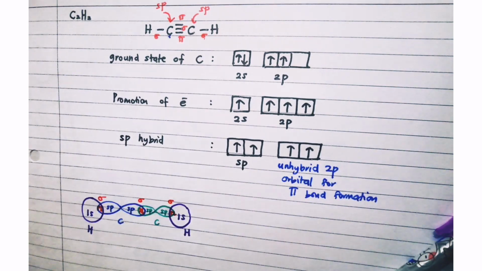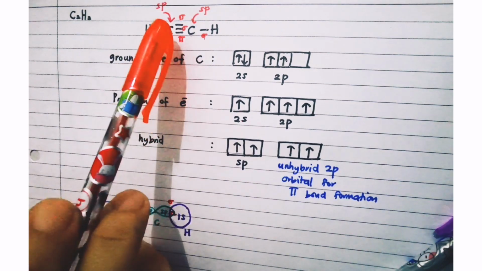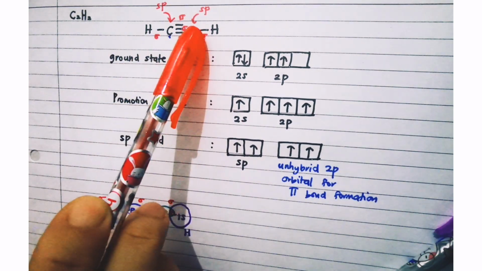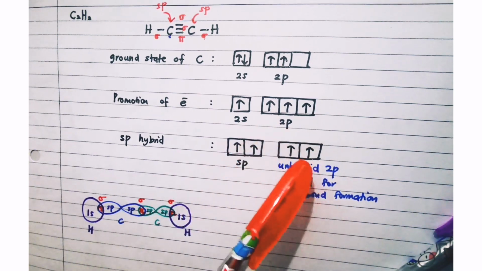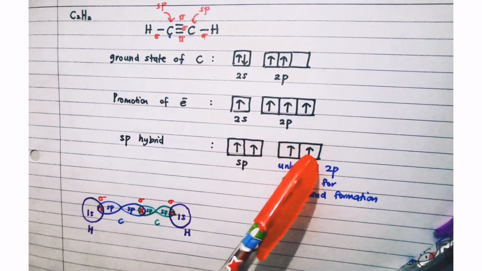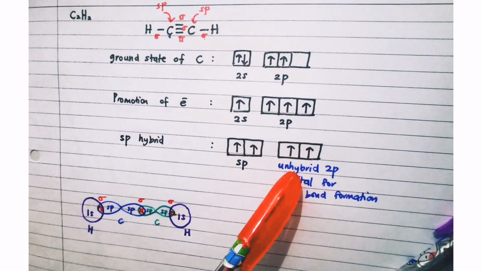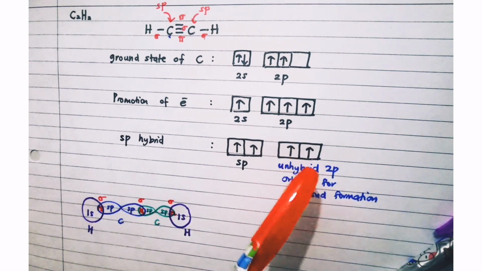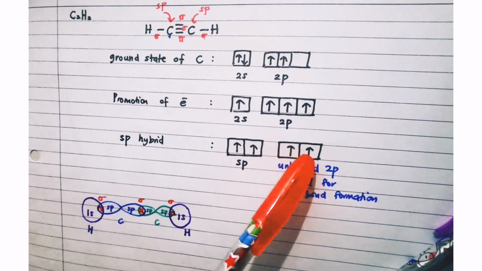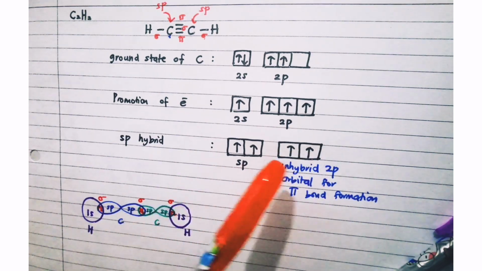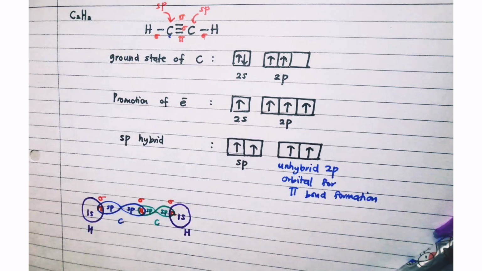Now let's draw the pi bond. Pi bond is formed between carbon and carbon. If you look at the hybridization process, we have 2 single electrons which are unhybridized, located in unhybridized 2p orbitals. So these electrons will be used for the formation of pi bonds. Now we will draw the first pi bond.